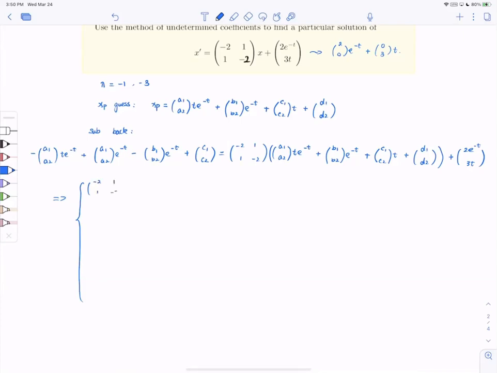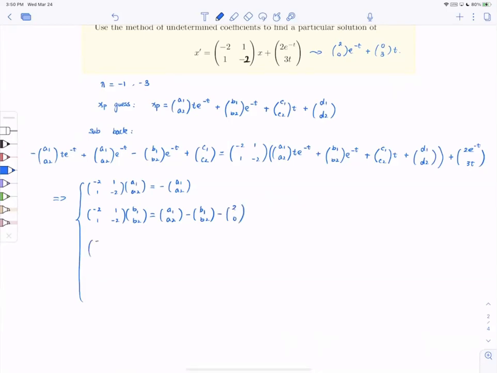1, 1, -2, a1, a2 equals to -a1, a2. And then here, -2, 1, 1, -2, b1, b2 equals to a1, a2 minus b1, b2 minus 2, 0.